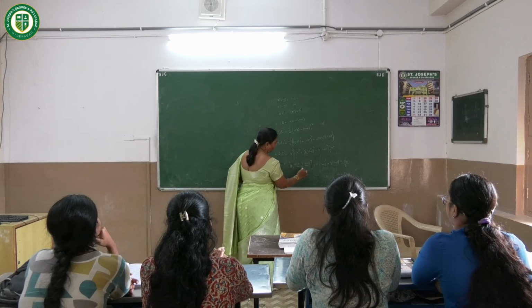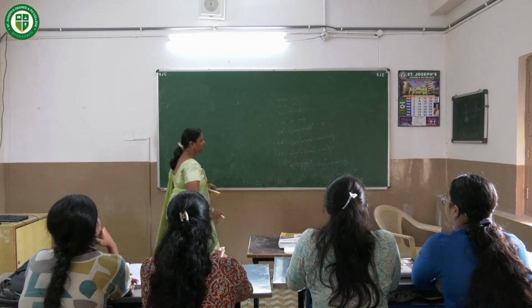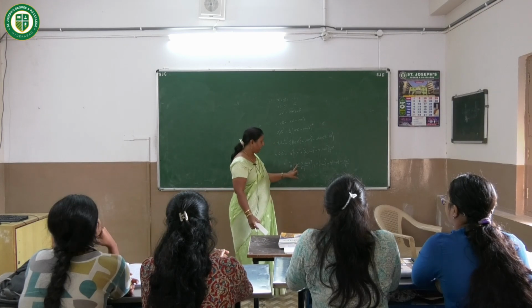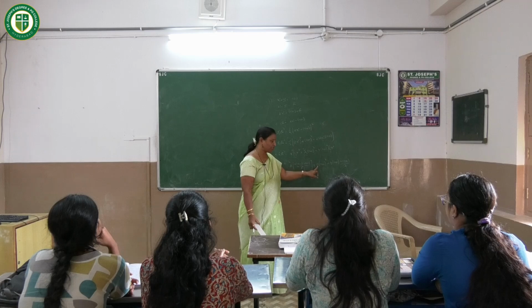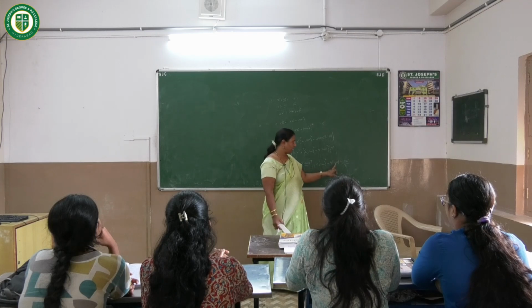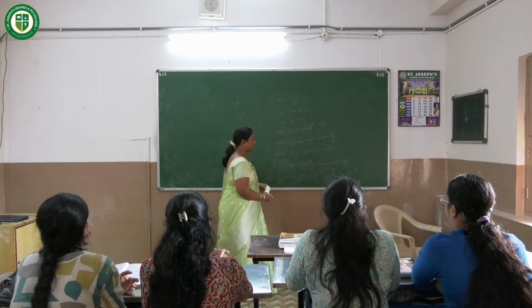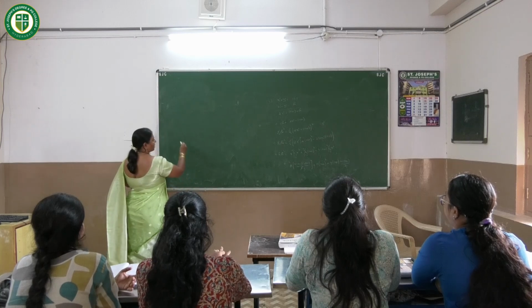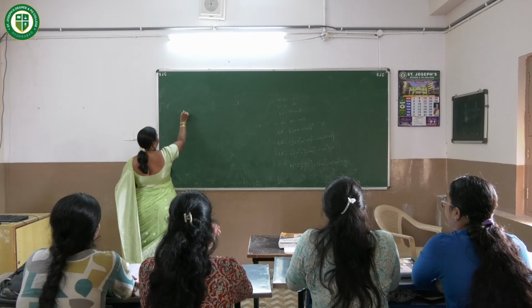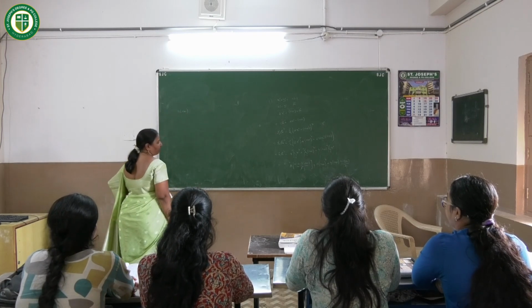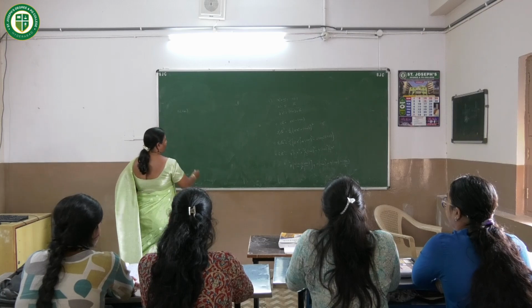Again from that equation, what is the common term in all? n into n plus 1. Here also n into n plus 1 is there. Here also n into n plus 1 is there. Take n into n plus 1 common.